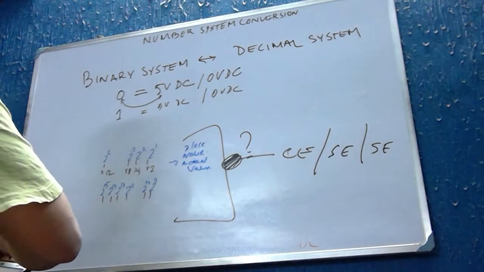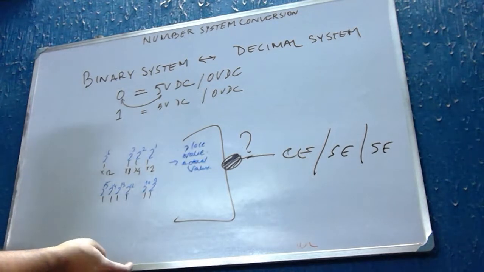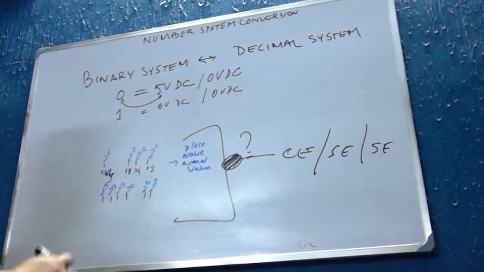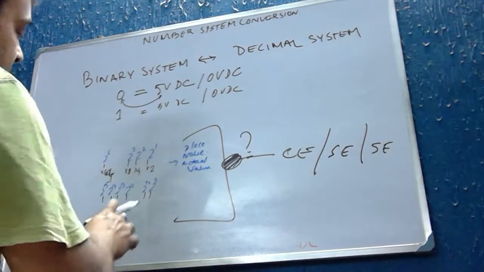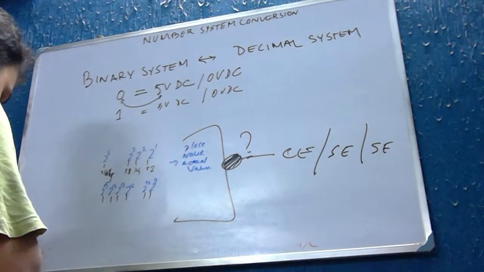Okay, so this comes to 64. Then it is 2 to the power 9. So it's 64.